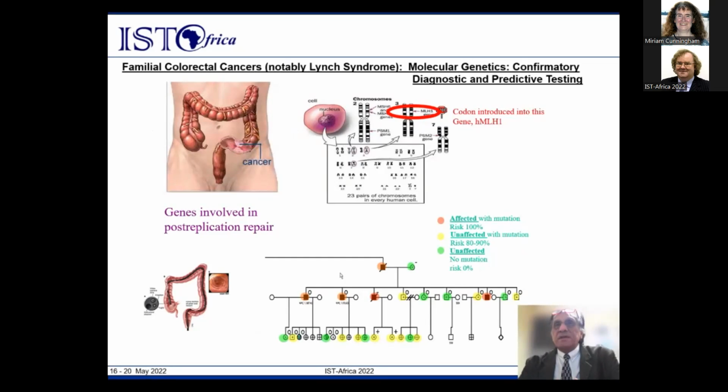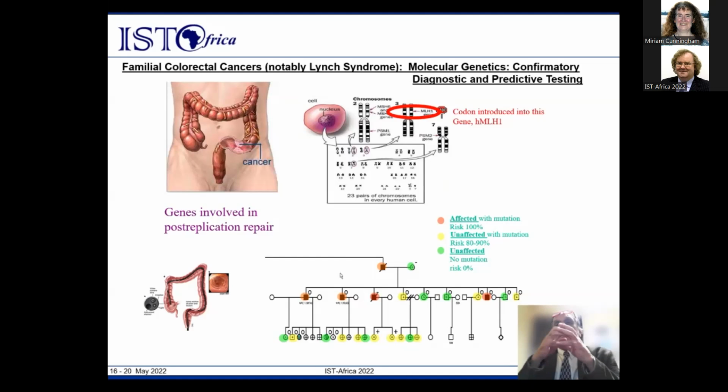And if we know what that mutation is, clearly illustrated in this family tree on the right bottom, is the validation, i.e. showing that every affected individual is carrying the disease-causing mutation, in which case you can confidently go ahead and test all of the as yet unaffected individuals to determine whether they're likely to develop the disease or not.